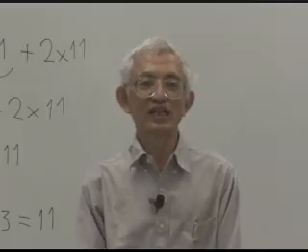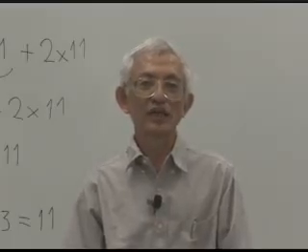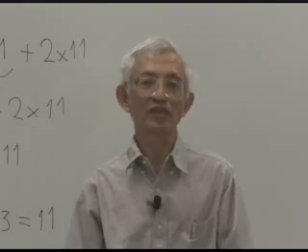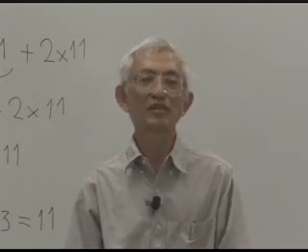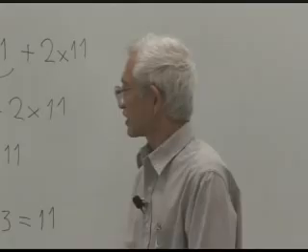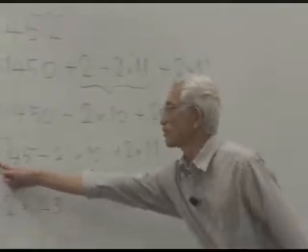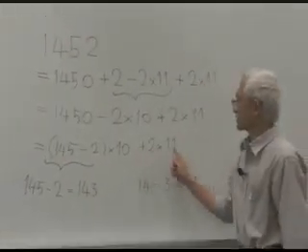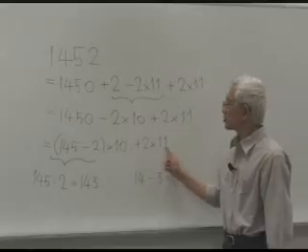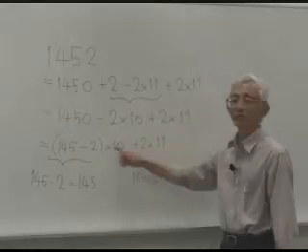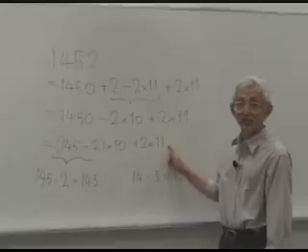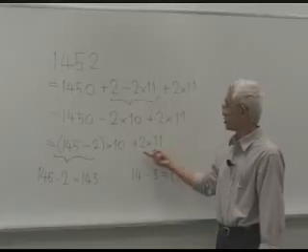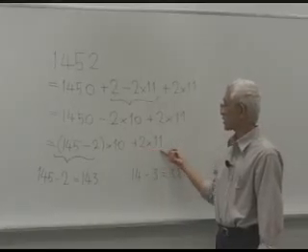You notice that in the process, we actually make use of two principles. The two principles are as follows. Now, if you have two numbers, say for example, this number plus this number, if you want to check whether the sum is divisible by, in this case, 11 or not, you check this number.